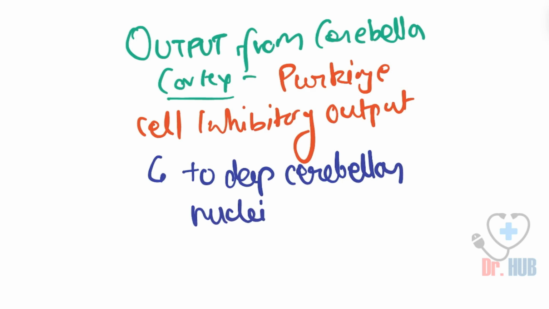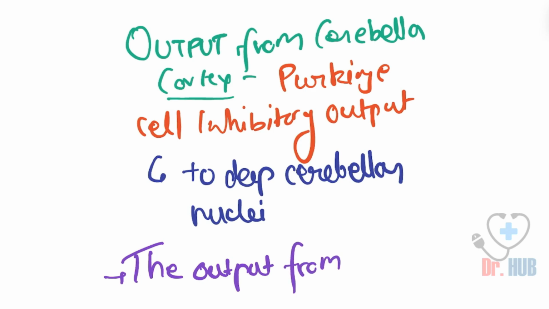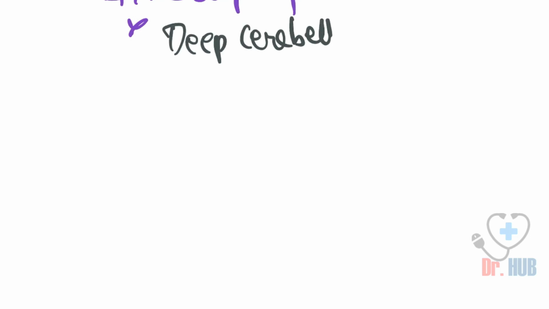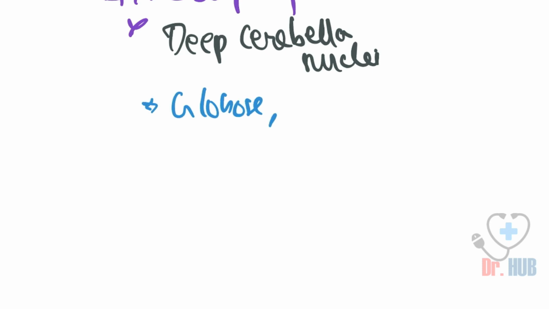Then we look at the output from the cerebellum. This is from the deep cerebellar nuclei, and this includes the globose as well as the emboliform. Then comes the dentate.